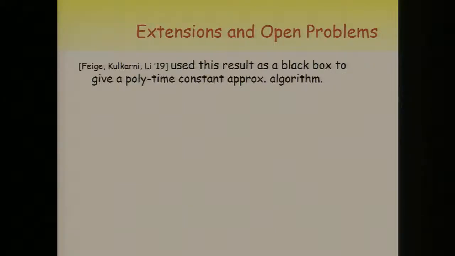Feige, Kulkarni and Lee used our result as a black box to give a truly polynomial time approximation algorithm. Their algorithm runs in time which is polynomial in n and log p. So it is a polynomial time algorithm.